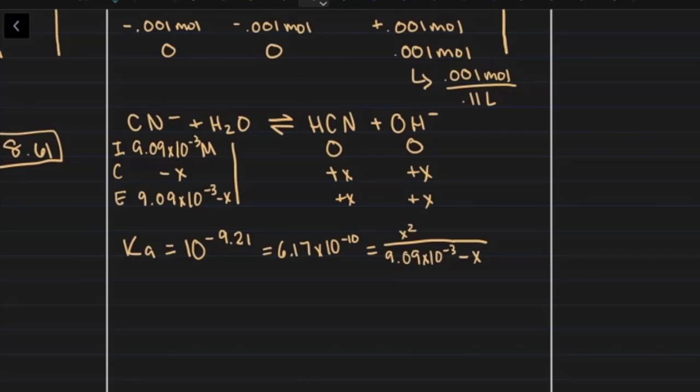So because that value is such a small value, we can basically approximate this x on the bottom to be 0. So we can cross that out. And if we solve for this x, our x at the end will be 2.37 times 10 to the negative 6th.